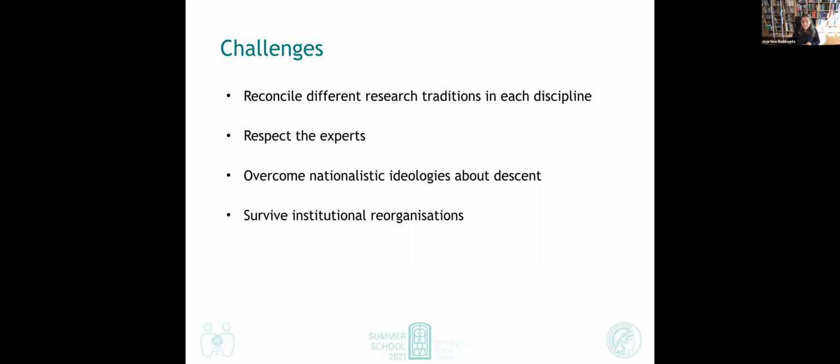So what I mean with reconciling different research traditions are practical things. For instance, geneticists love to publish their results in high impact journals, while there's a tradition in linguistics to put more value on books and reference works and chapters in books.